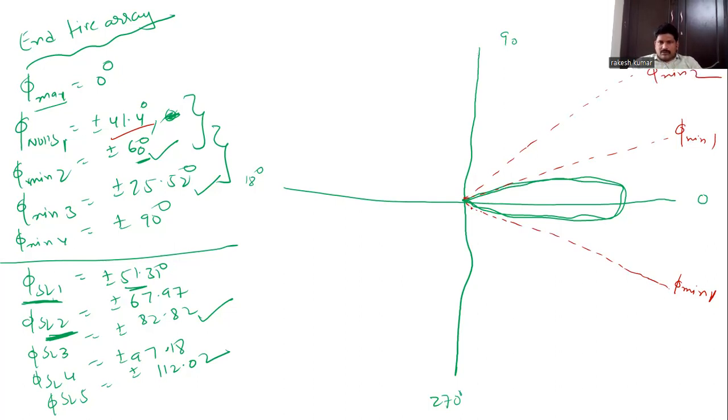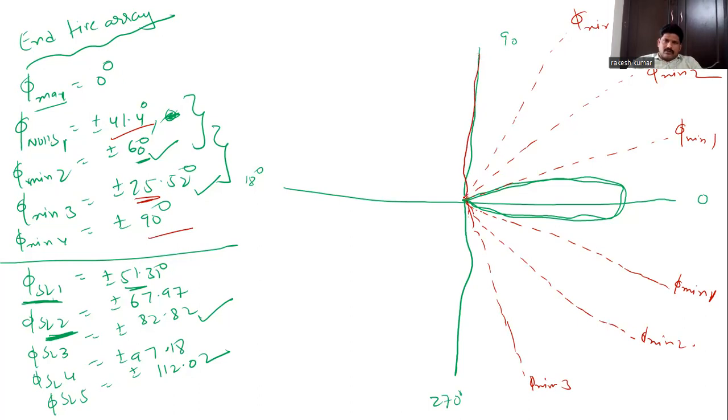This is phi minimum 2. Next, identify the phi minimum 3. It is 75 degrees. So this is phi minimum 3. What is the phi minimum 4?